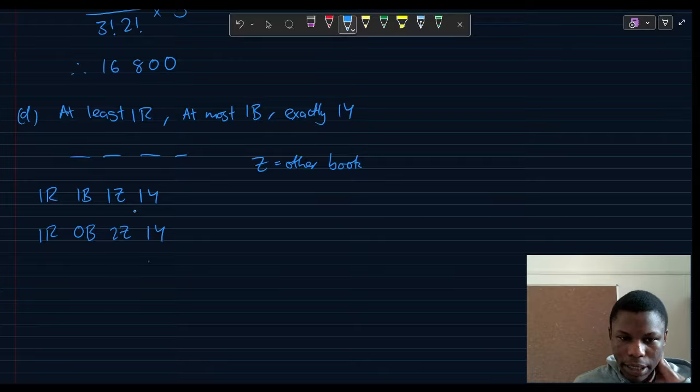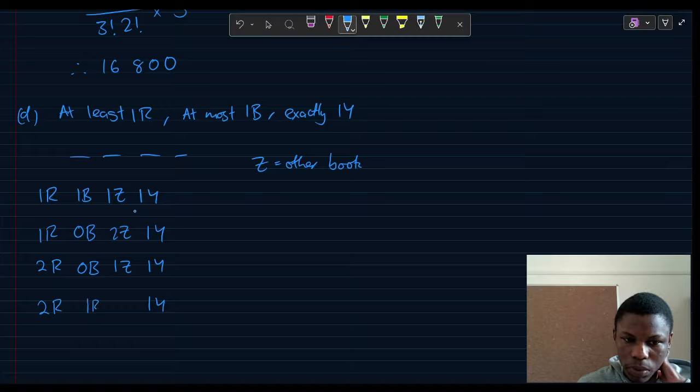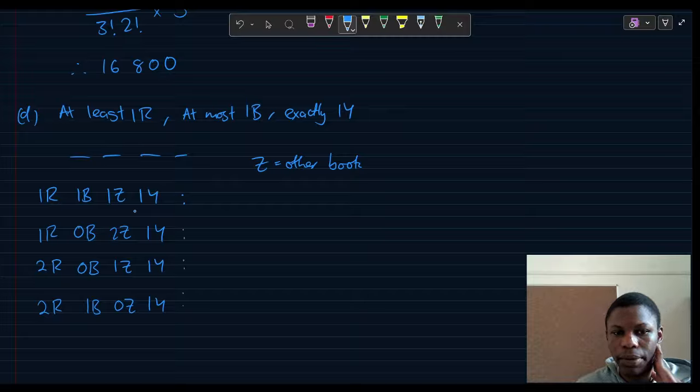I can also increase the red books to 2, and have 0 blue books and 1 other book, with 1 yellow book. I can have 2 red books, 1 blue book, and 0 other books. I think those are all the possible combinations, and then we can evaluate each scenario separately.